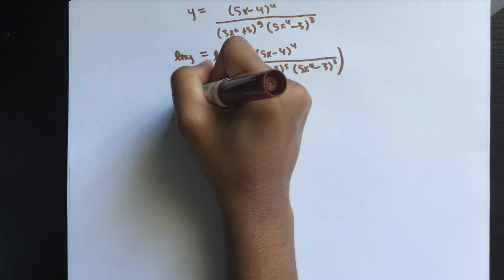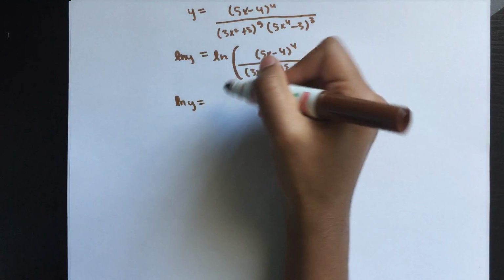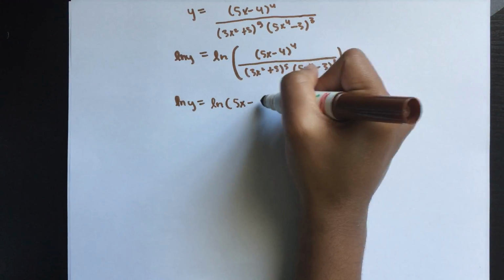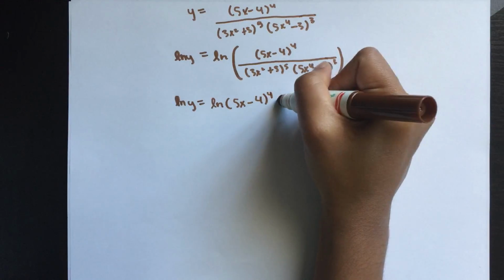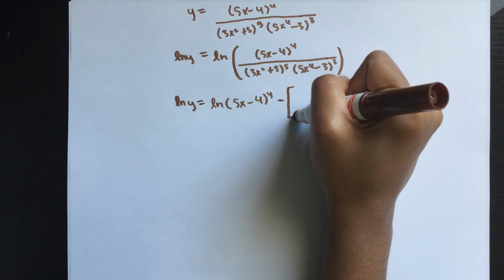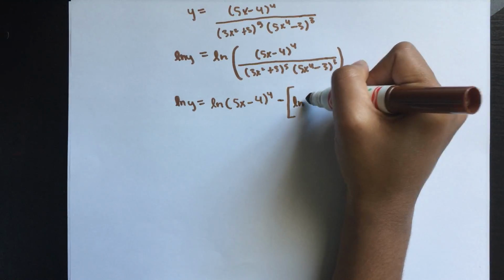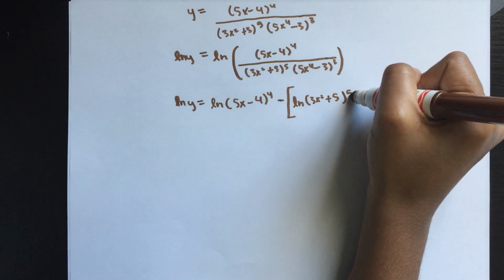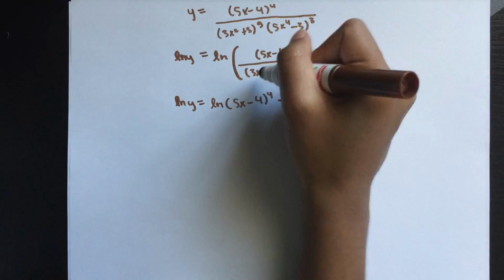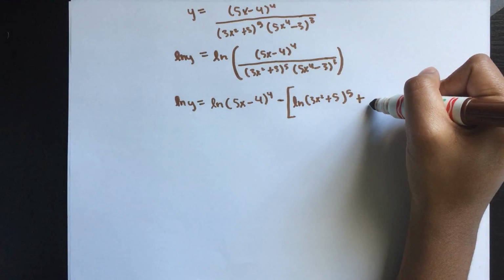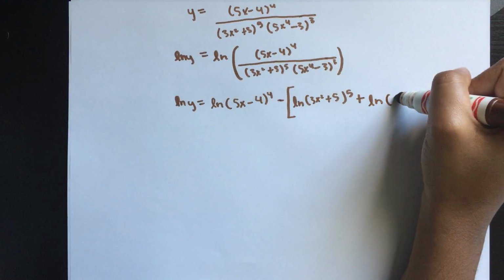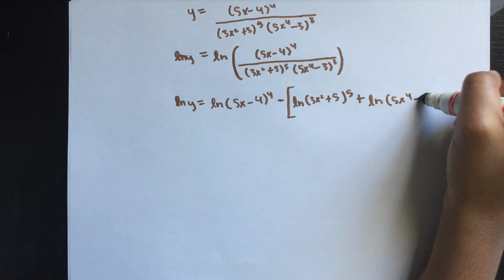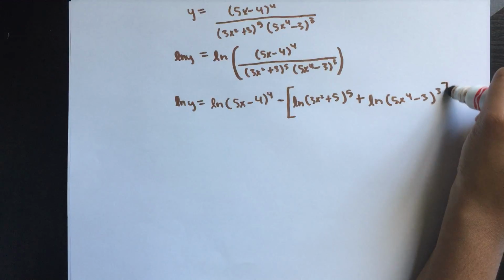So the natural log of y is going to equal the natural log of (5x minus 4) to the fourth minus, and I'm going to put brackets and I'll explain why in a second, the natural log of (3x squared plus 5) to the fifth plus, because we're doing the product rule for the denominator, the natural log of (5x to the fourth minus 3) to the third.